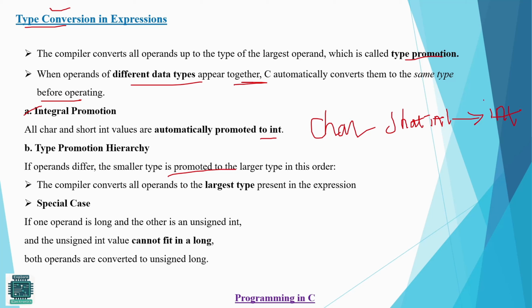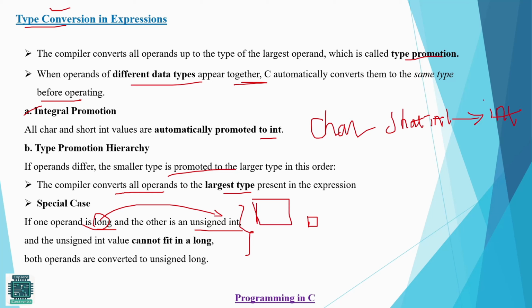The compiler converts all operands to the larger type present in the expression. Here is a special case. If one operand is long and another is unsigned int, long is the big one and unsigned int is small in terms of storage. The unsigned int value cannot fit the long value, right? If this is a small box, how can it hold a big box like this?